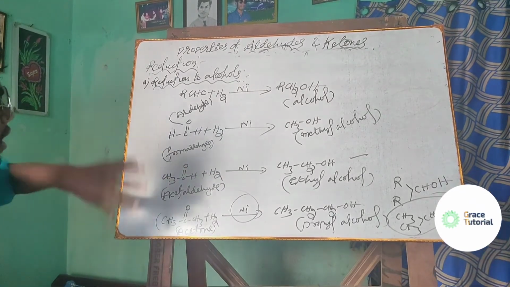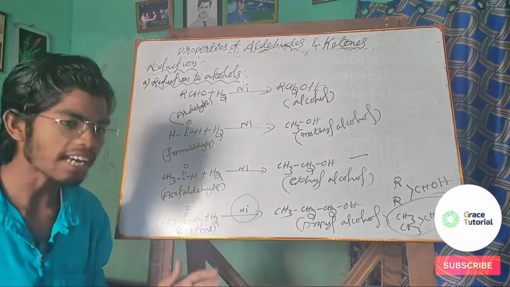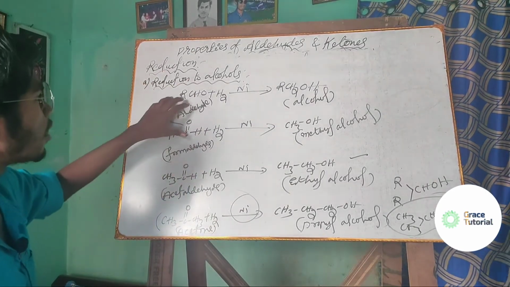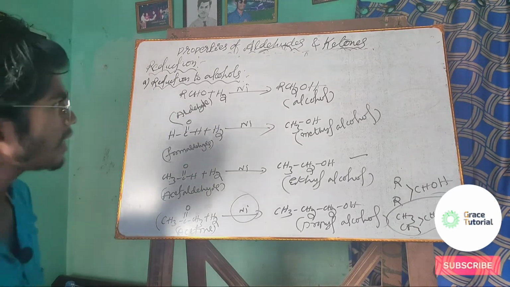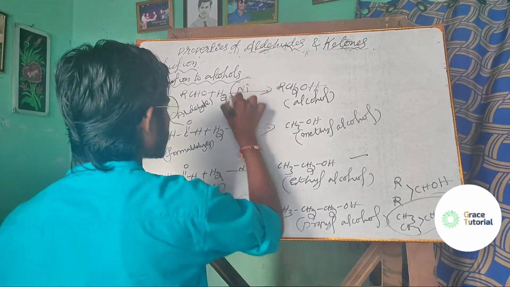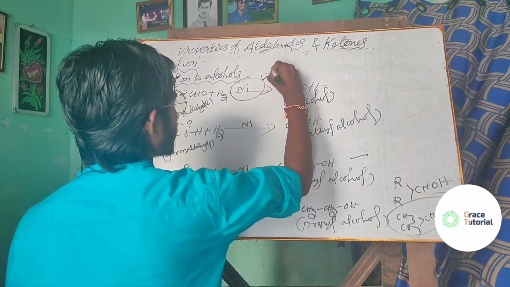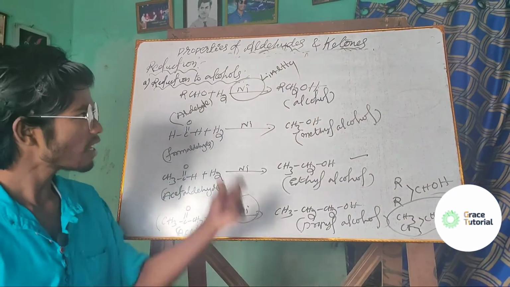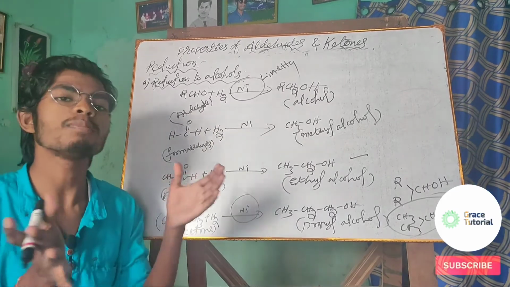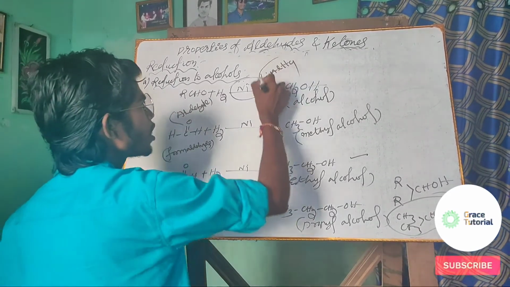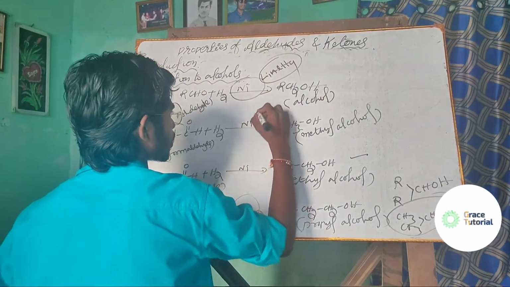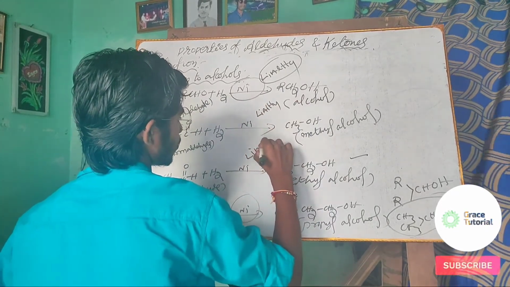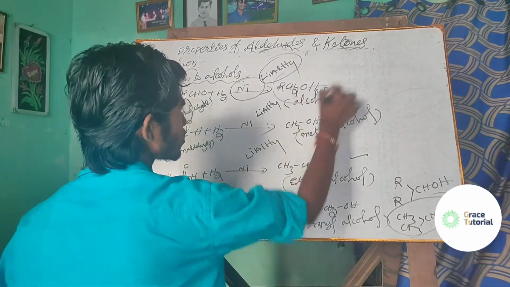So there are various types of reductions. That is reduction to alcohols, the first one. In the exact same way, if you place lithium aluminum hydride here, LiAlH4, that means the reduction takes place with a complex metal hydride, the same substances are obtained.